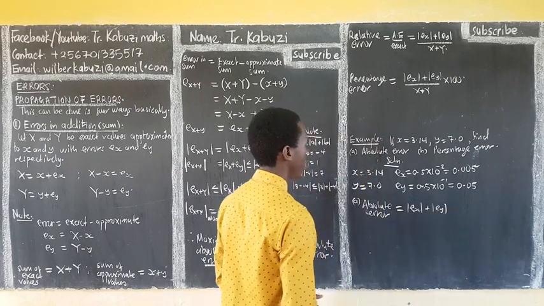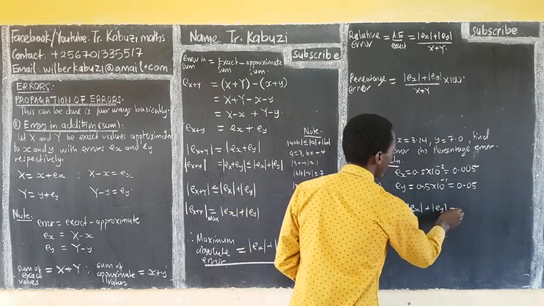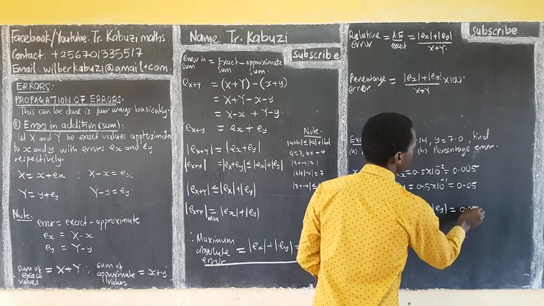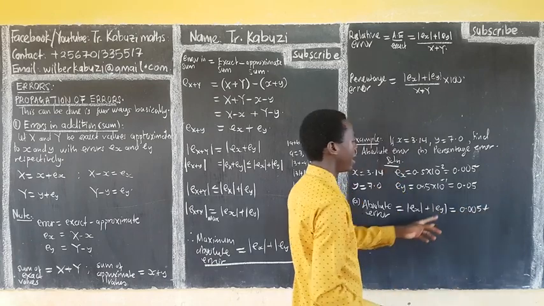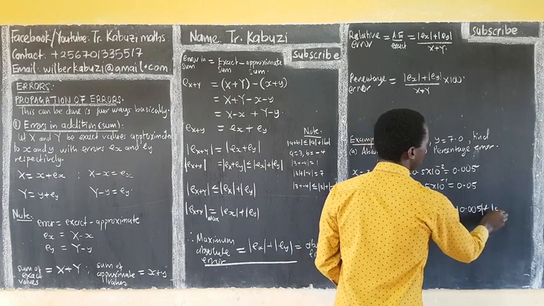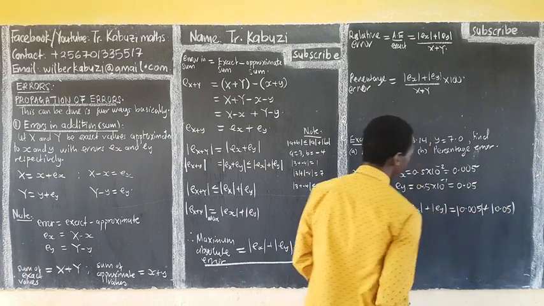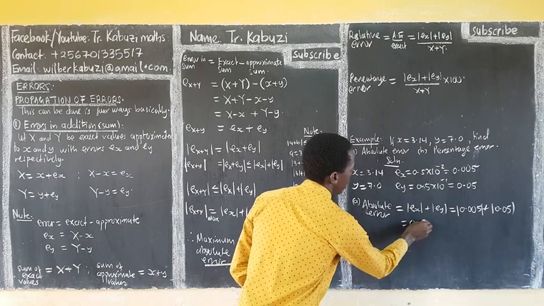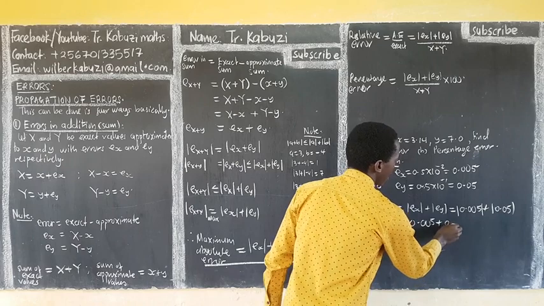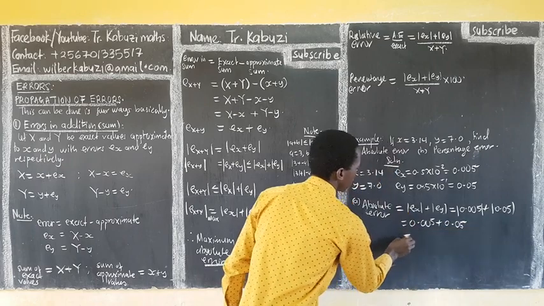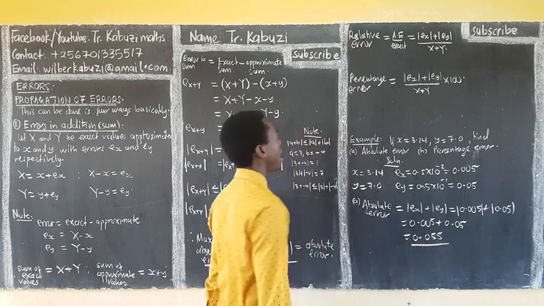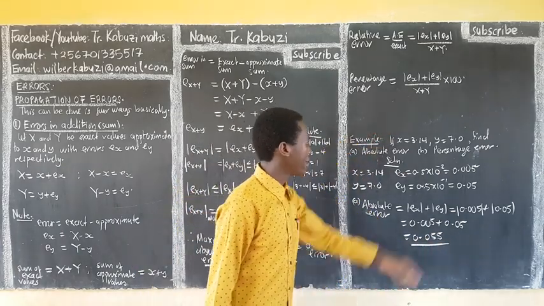So our e in x is 0.005 plus our e in y, we are taking the modulus of these two, modulus of 0.05, which is going to be 0.05 because the modulus of a positive number is the same number, which is going to give us 0.055. I think now we can easily calculate that.